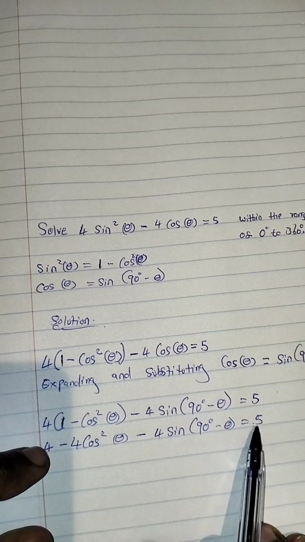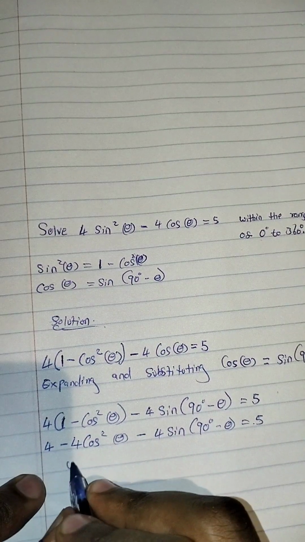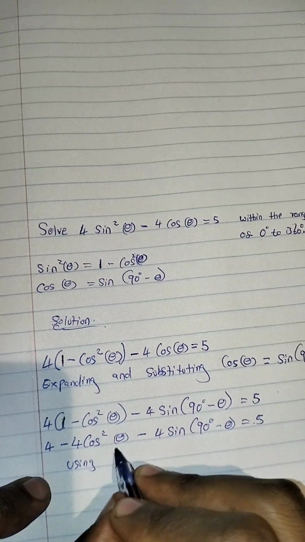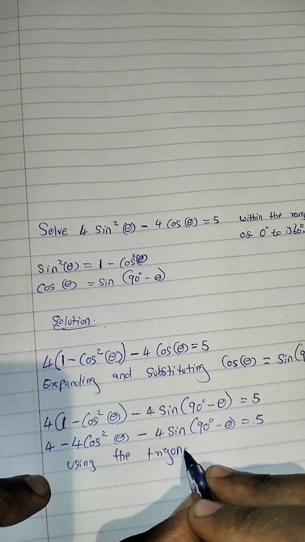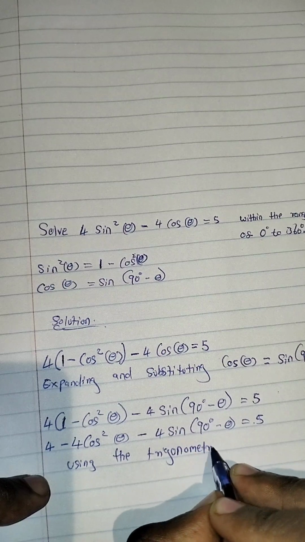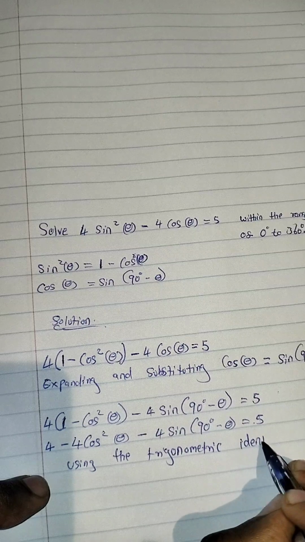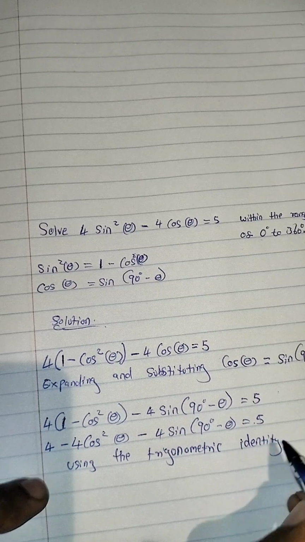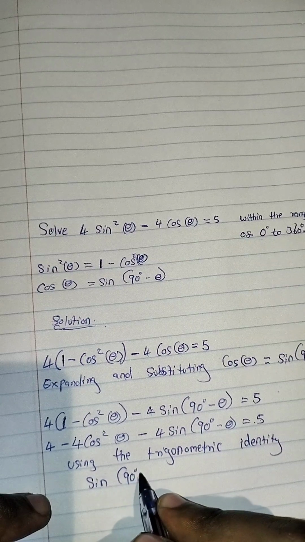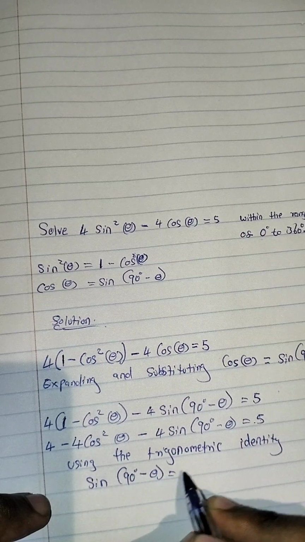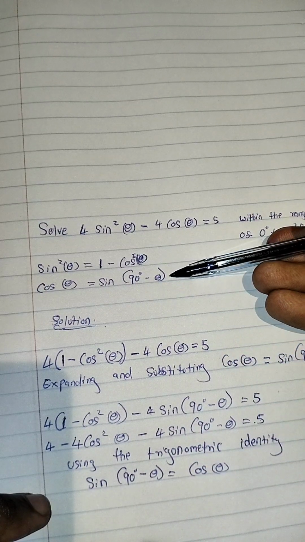Now, at this position, learner, I want to remind you of one thing. We usually say, using the trigonometric identity, it will be the same as saying sine 90 degrees minus theta is equal to cos theta, as I've just told you here.